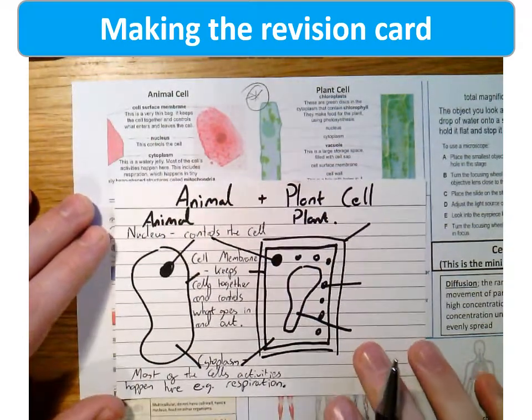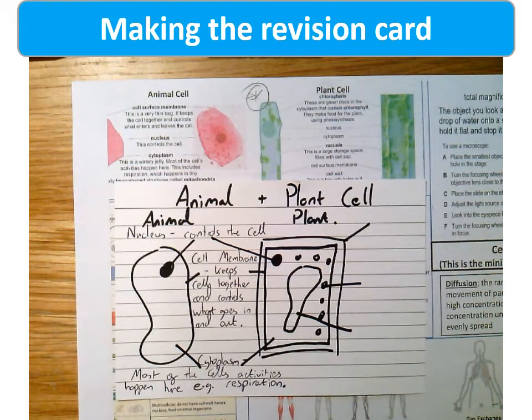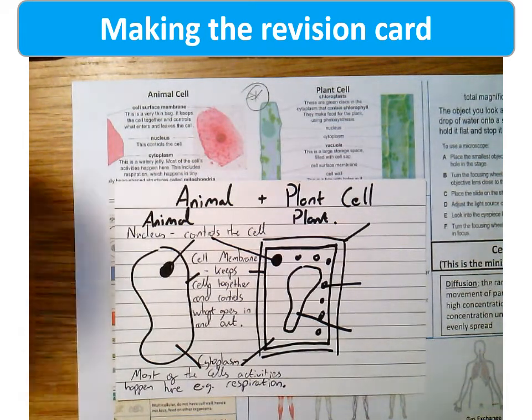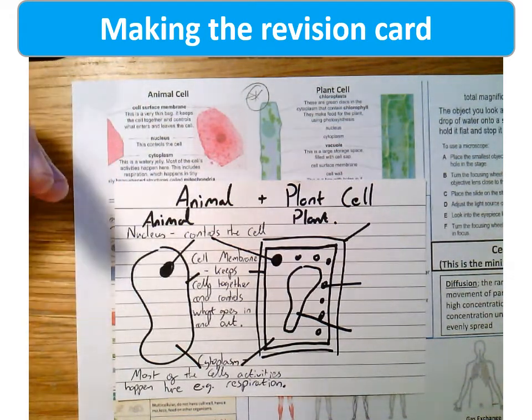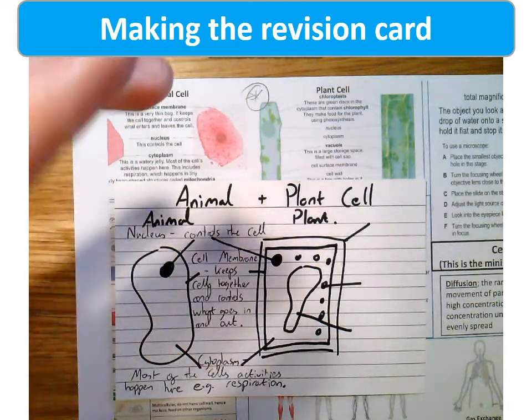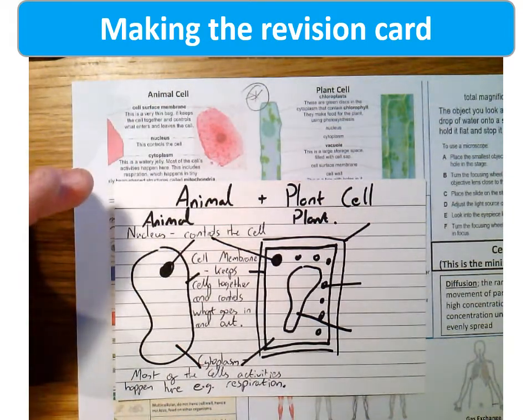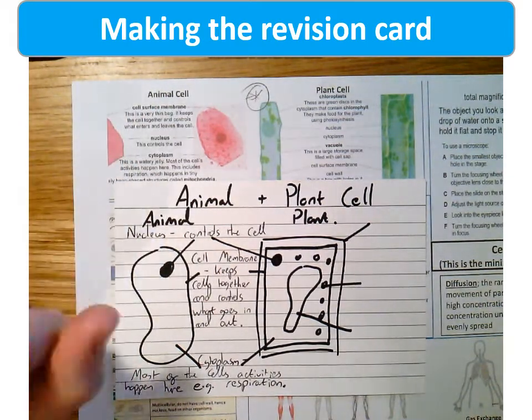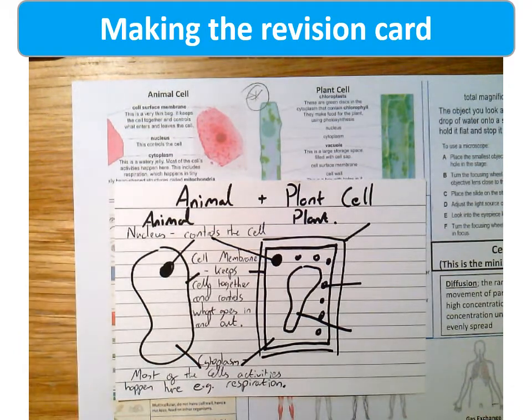Okay. So you can see I've kept a lot of the key knowledge in there, the key language is still in there, but I have shortened it a little bit because as we said before, we don't want this to be a massive amount of information. If there's too much information here, your brain won't be able to digest it, and therefore you're less likely to be able to actually recall it.